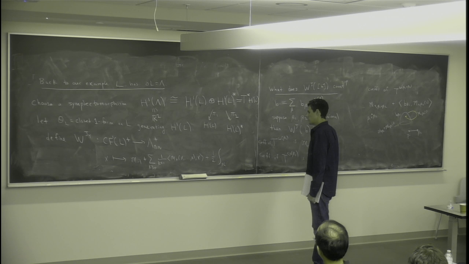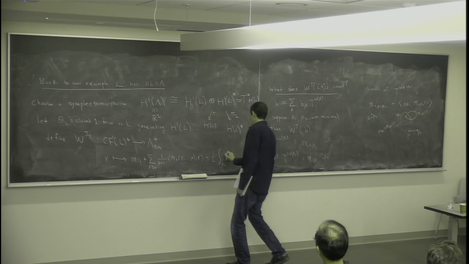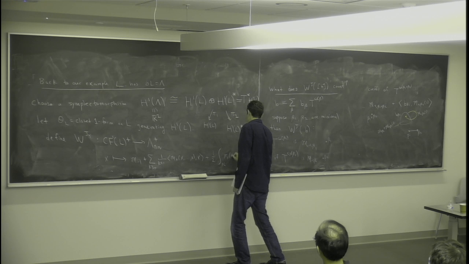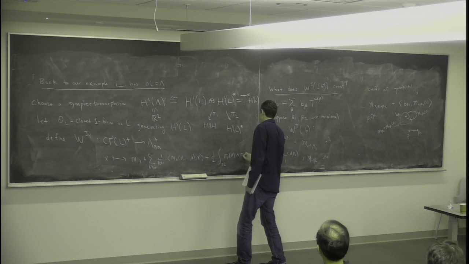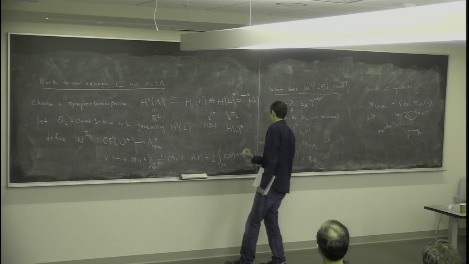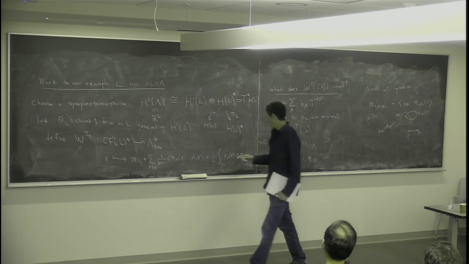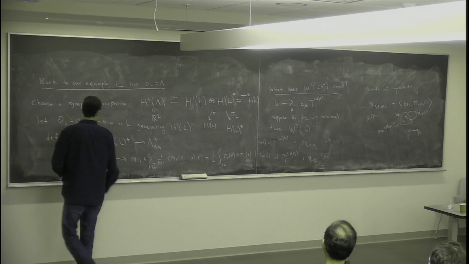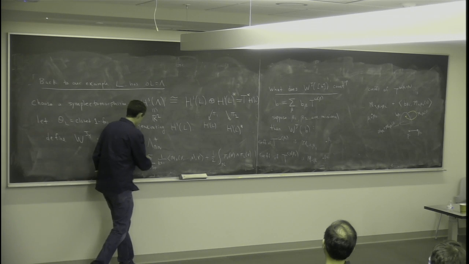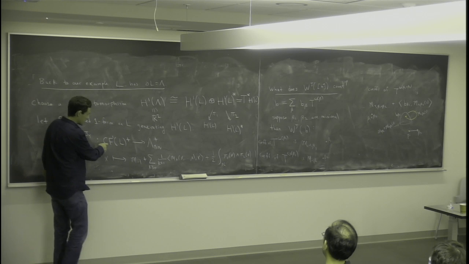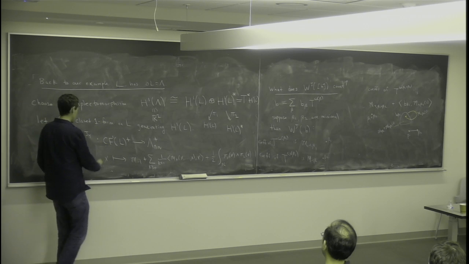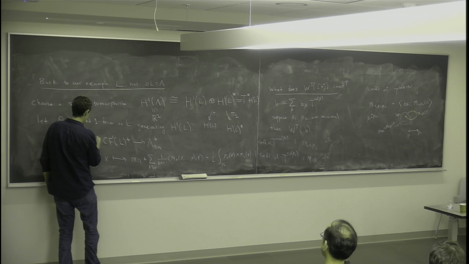Actually, I forgot to mention something. We don't want to define this on the whole thing. Let's just define this on bounding cochains. So contained inside here, we have the set of bounding cochains. And so we just define this on the set of bounding cochains.